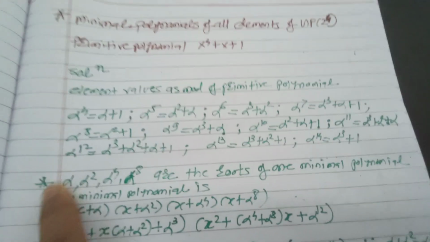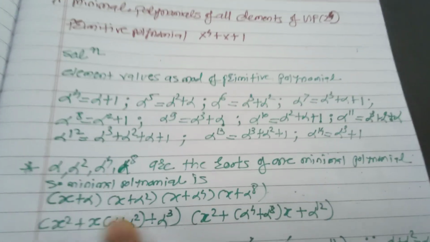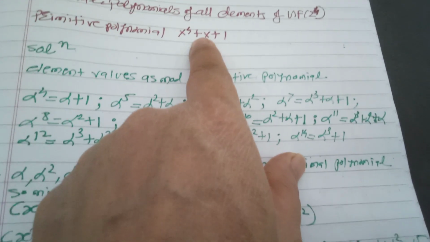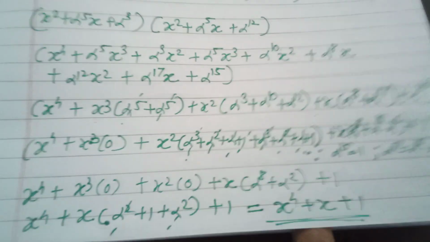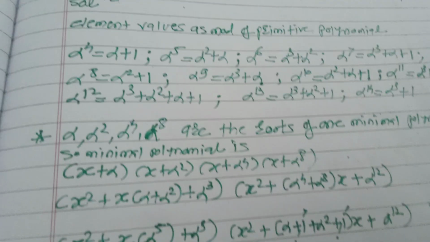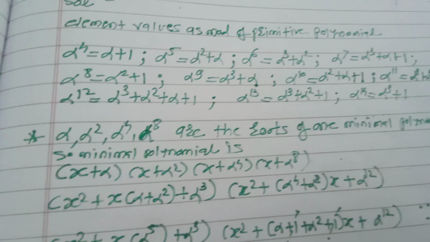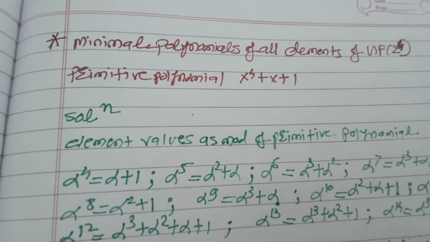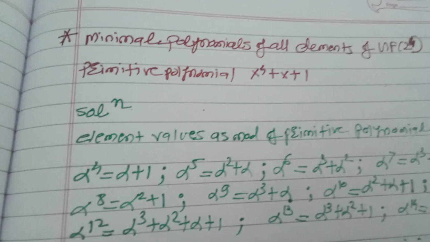So wherever in the set there is alpha, its minimal polynomial is 100% the primitive polynomial, that is x raised to 4 plus x plus 1, and the same we are getting here, x raised to 4 plus x plus 1. So this is the one minimal polynomial for the 4 elements of the Galois field 16. For other elements we will see in the next videos.